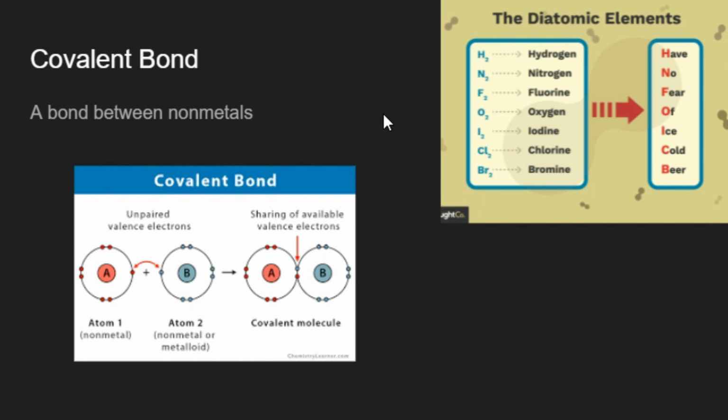So if it's between fluorine and oxygen, we know that fluorine has the highest electronegativity, and oxygen is somewhat high, but fluorine is higher. So the electrons being shared are pulled more towards the fluorine, making the fluorine slightly negatively charged, while the oxygen is slightly positively charged.